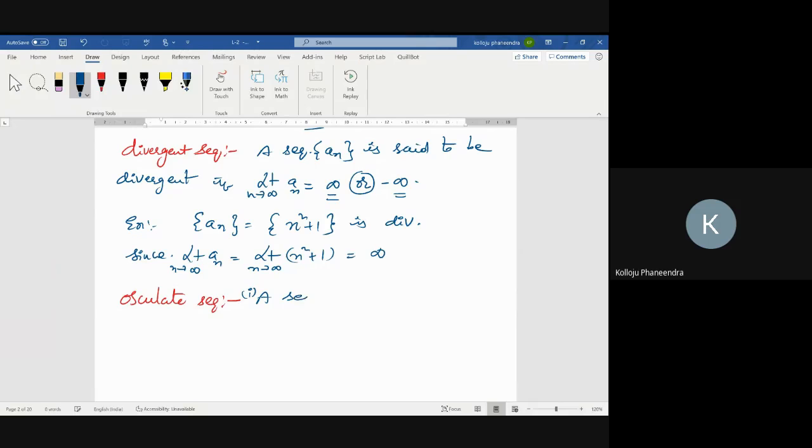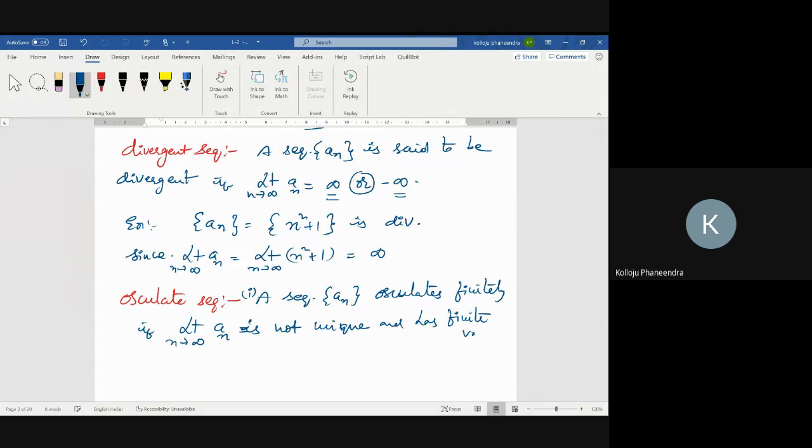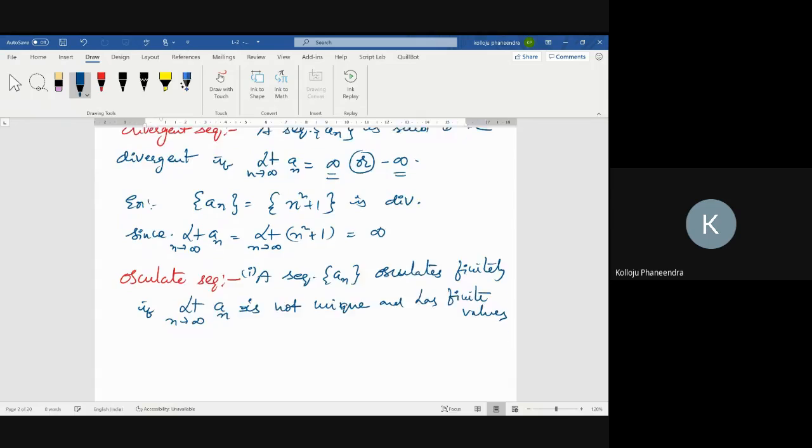A sequence an oscillates finitely if limit as n tends to infinity of an is not unique and has finite values.